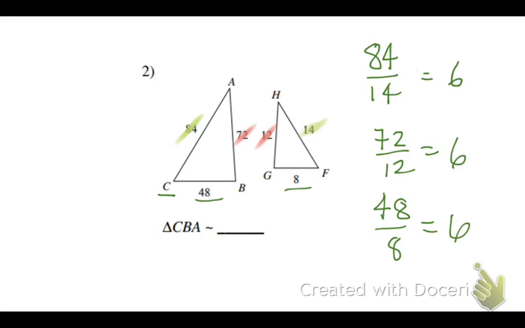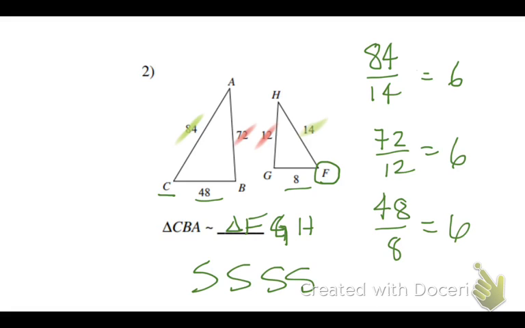So in triangle HGF, the long leg and the short leg intersect at F. So we'll say triangle F. And then the angle that corresponds to B will be G, and the angle that corresponds to A will be H. So triangle CBA is similar to triangle FGH, and the reason they're similar is side, side, side. These three ratios all being equivalent.